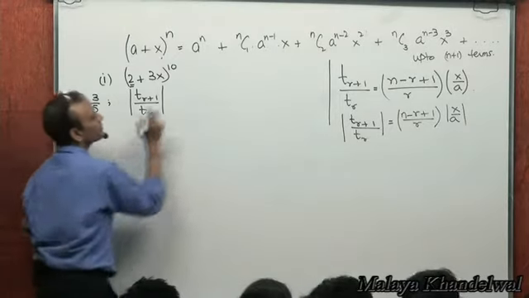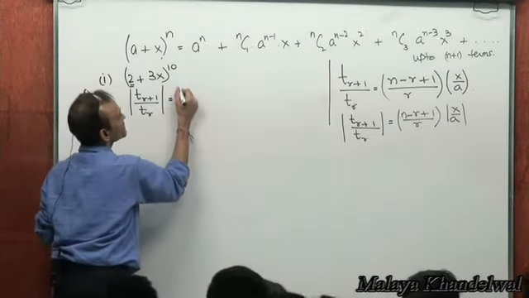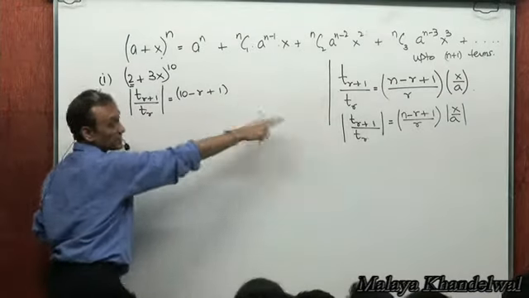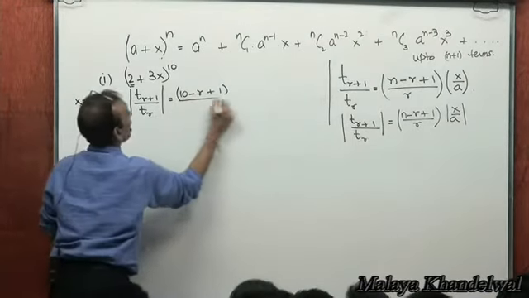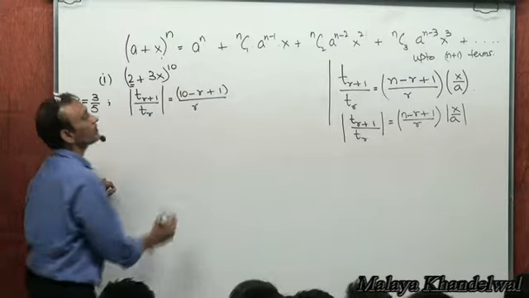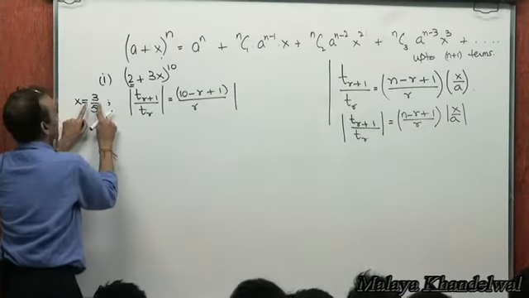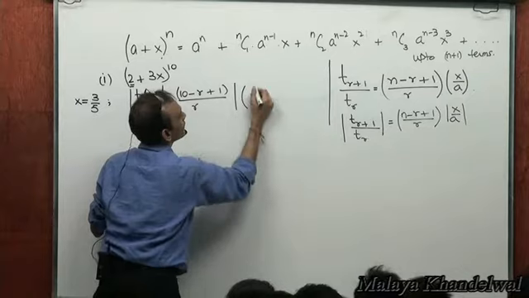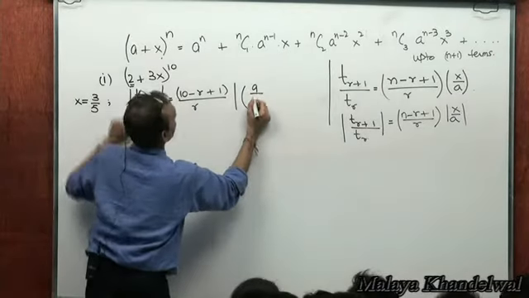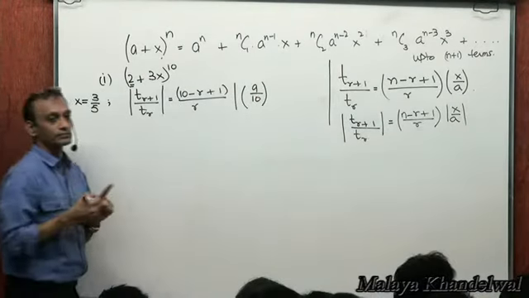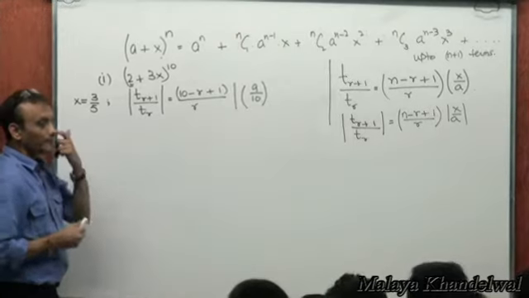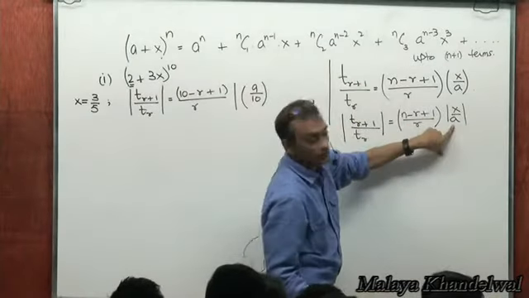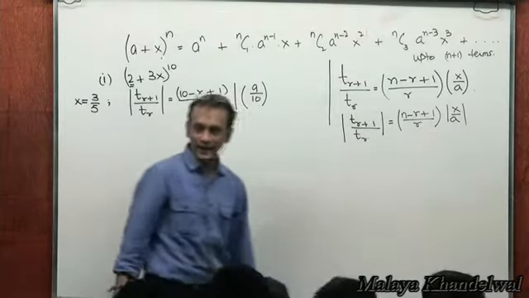So that's (n minus r plus 1), which is 10 minus r plus 1, divided by r, into magnitude of 3x, which is 9 by 5, by a. So 9 by 10, isn't it? 3x by 2, so 9 by 10.